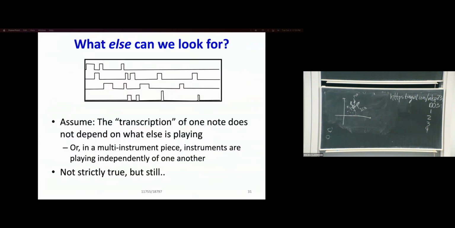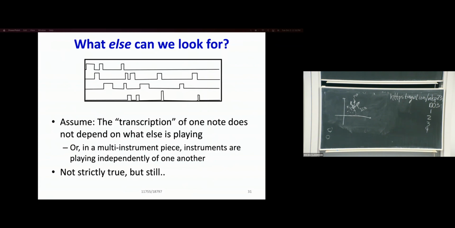So like I said before, you're starting at the front and saying let's enforce independence. That's what this is saying. The transcription of one note does not depend on what else is playing. So let's think about an orchestra. There is a drum and there is a trumpet. Picture the joint probability of the drum and trumpet being the same as the probability of the trumpet and the probability of the drum multiplied together.